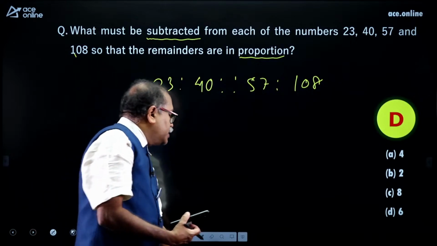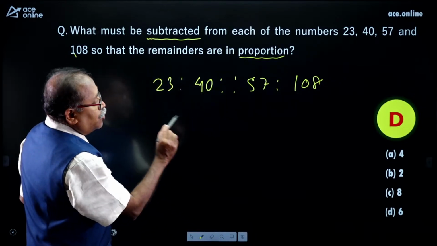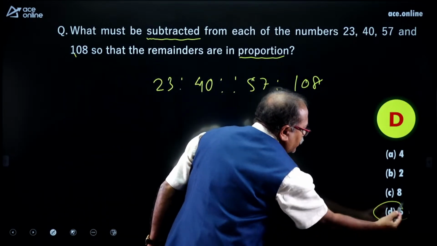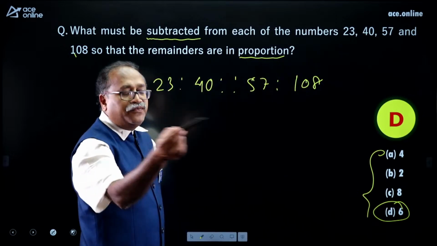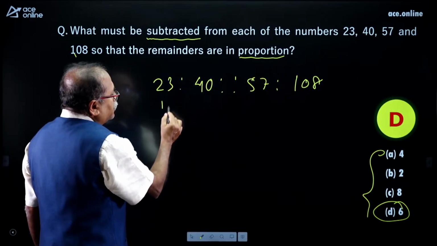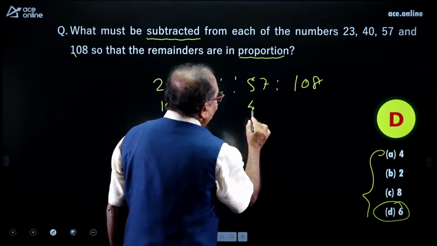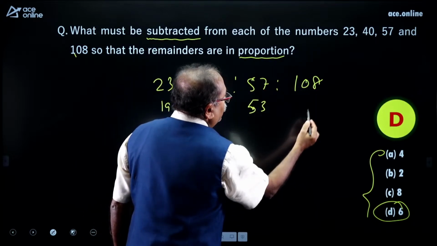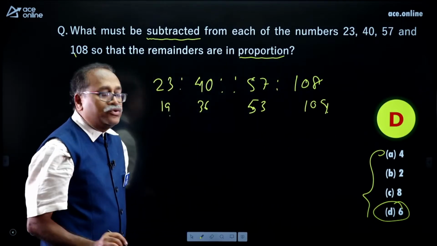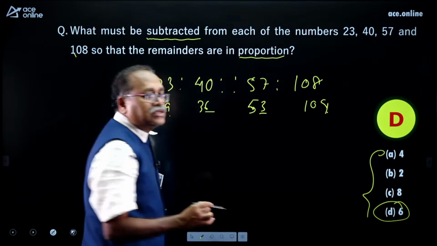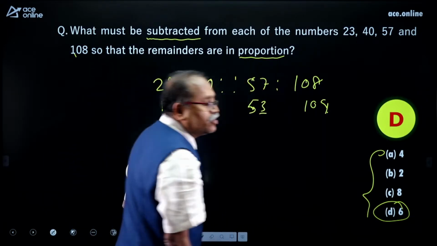I check the answer, it's option D. So let's see how I get this answer. Because you know the option verification method, if I verify the first option, 4, then I will get 19 here, 36 here, 53 here, and 104 here. So 4 into 9 is 36, the unit digit is 6, and 6 into 3 is 18. The unit digit is not equal. The same way I will keep going on with elimination.